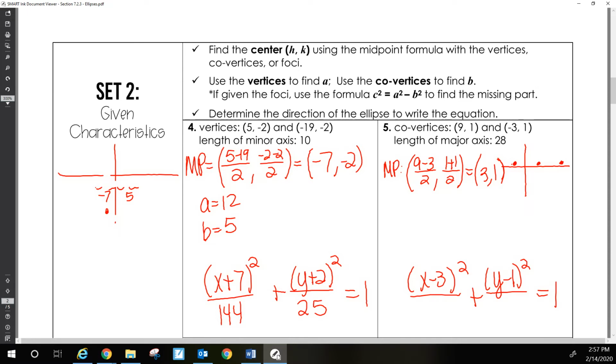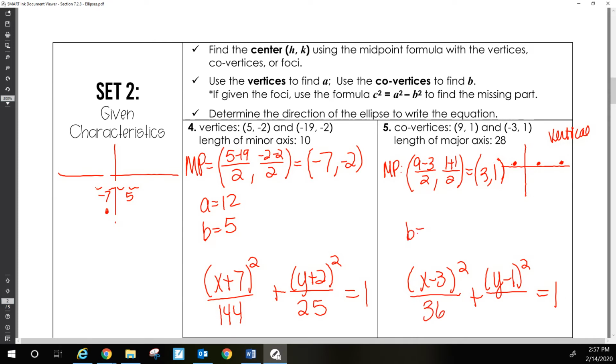Now we can find the distance on our minor axis. And if our minor axis is horizontal, we know our overall ellipse is going to be a vertical ellipse. So what's the distance horizontally between the co-vertex and the center? What's the distance between either 9 and 3 or -3 and 3? That would be 6. 6 squared is 36.